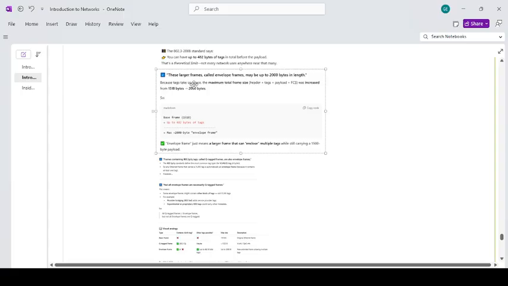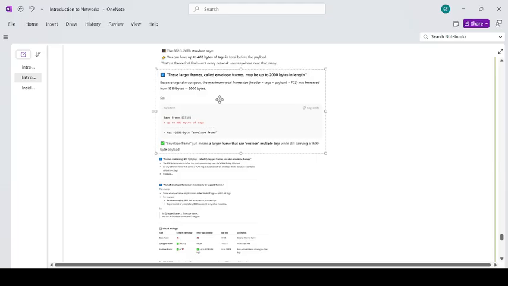These larger frames, called envelope frames, may be up to 2000 bytes in length, because the tags take up space.